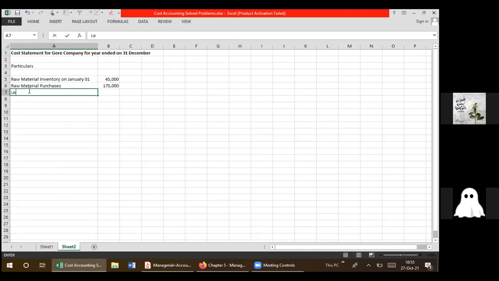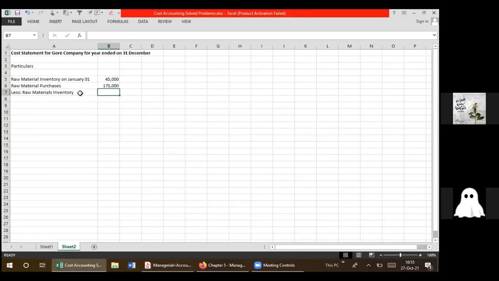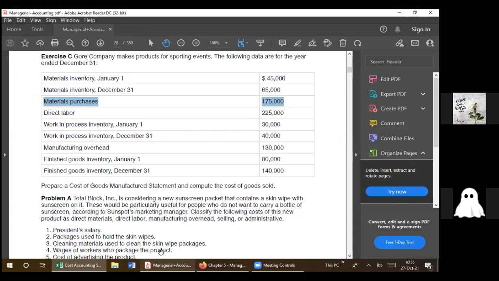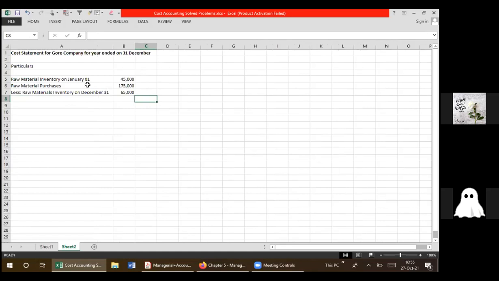So we have less raw materials inventory, that is on 31st December, 65,000.